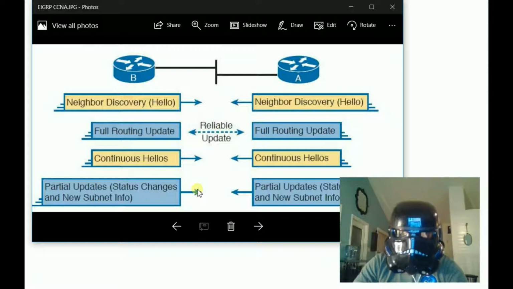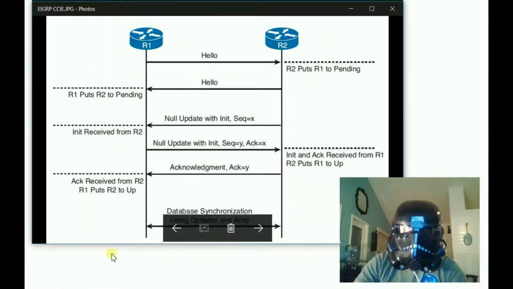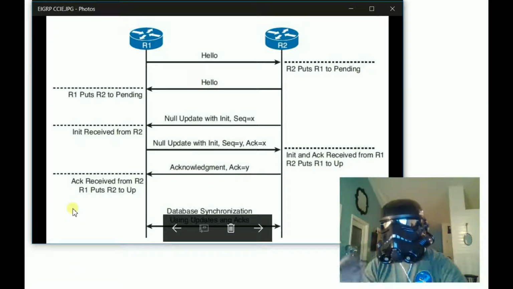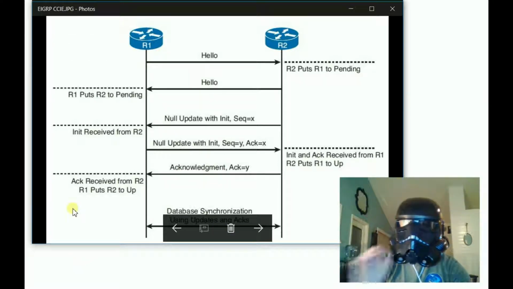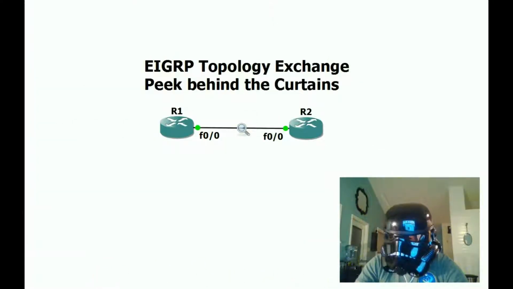Okay, I get it. But then, as soon as you start dipping into CCIE, they're like, well, there's an extra step in there. And I'm like, hold on, what happened?